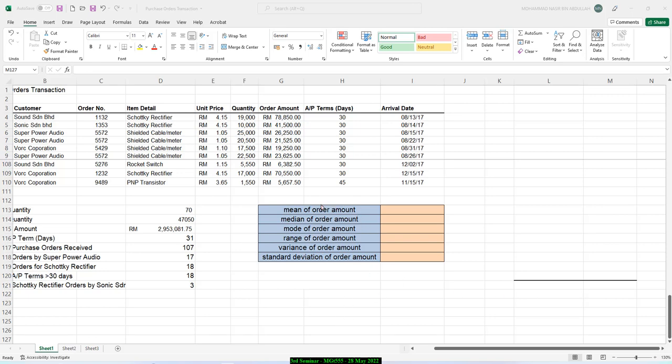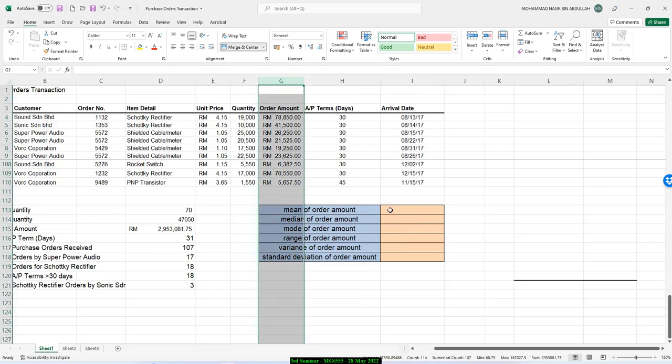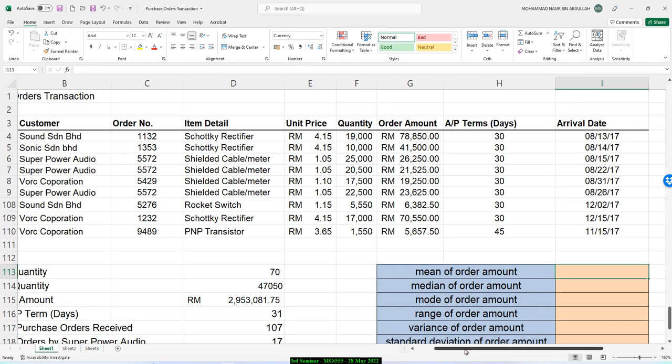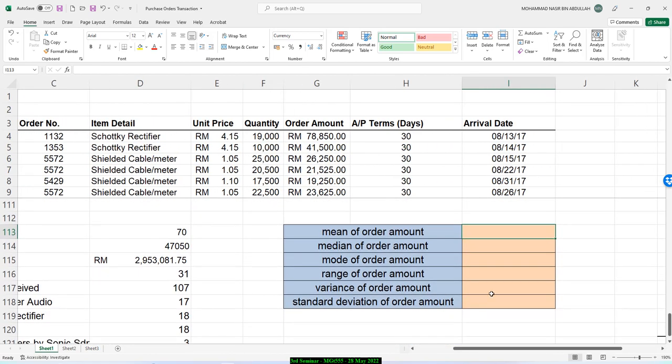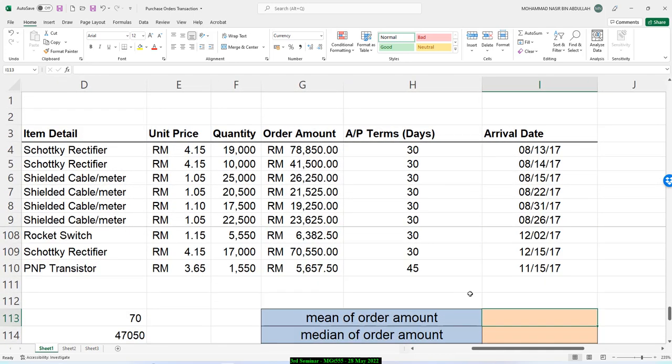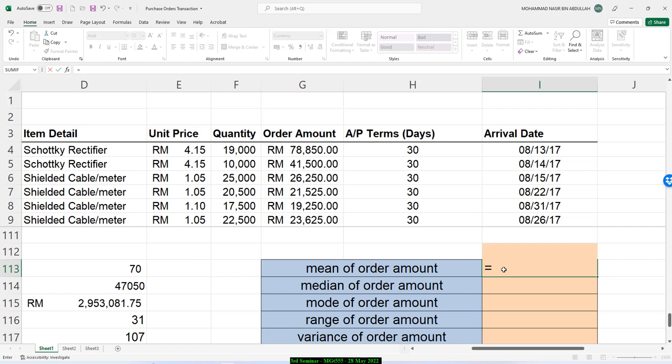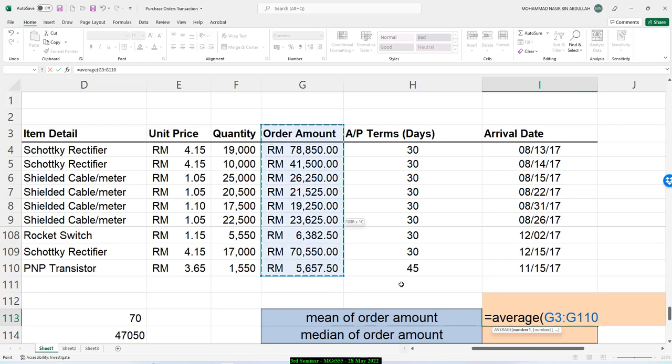Alright. Here, if you can see, there is a box at the bottom. To calculate the mean of the order amount, we look at the order amount here. Can you see it? Do you want it bigger? So here, for the mean of the order amount, we just type AVERAGE, and then we drag from here upward, up to G4 to G110, so we will get the average, or mean, of the order amount. I hope you're paying attention, because you will use this for your project.